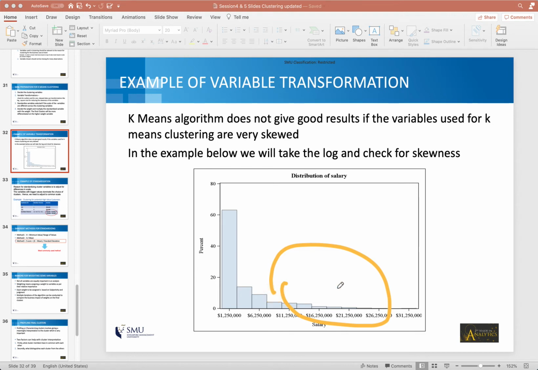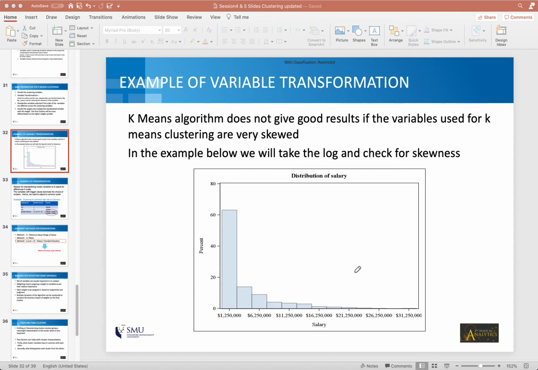And going back to the objective of clustering, we wanted to create clusters which have observations that are similar in nature. So what's going to happen is that these observations that form the tail of this distribution will form small clusters of their own, and that is not a very desirable output from K-means clustering.